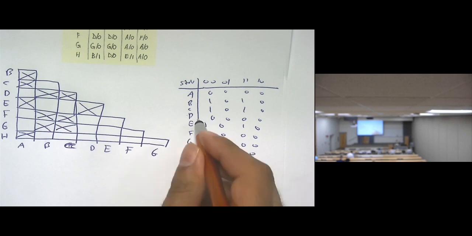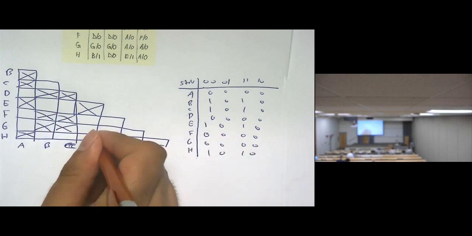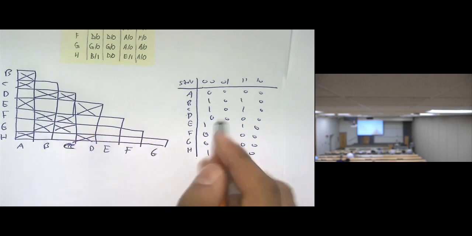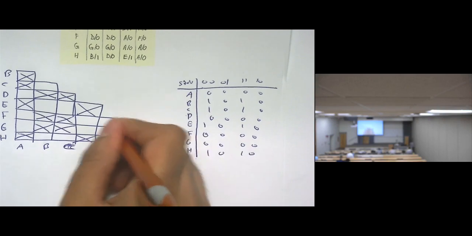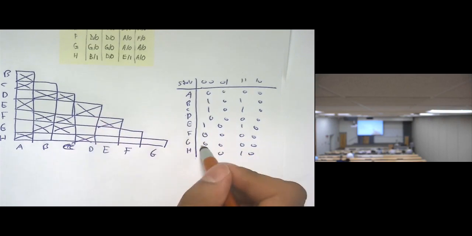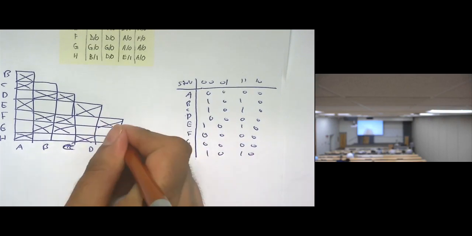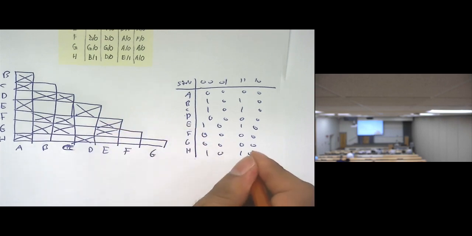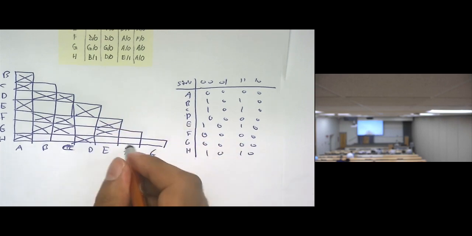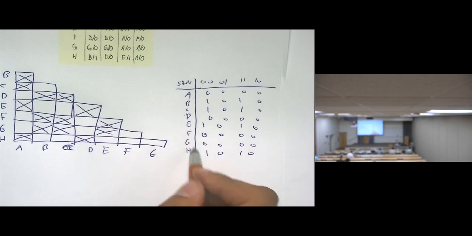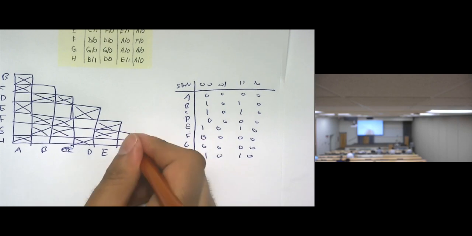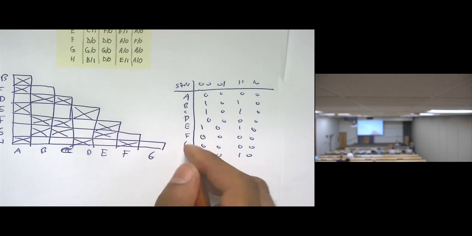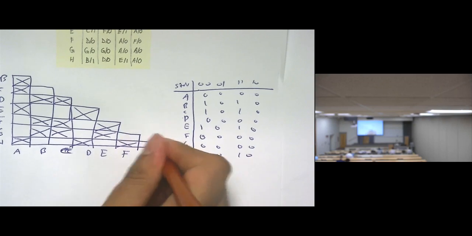D and G, keep it. D and H, cross it. How about E? E and F, cross it. E and G, cross it. E and H, keep it. How about F? F and G, keep it. F and H, cross it. How about G and H, cross it.